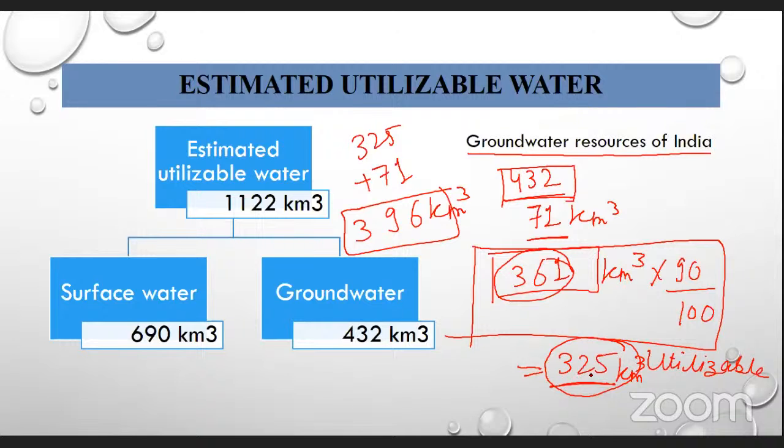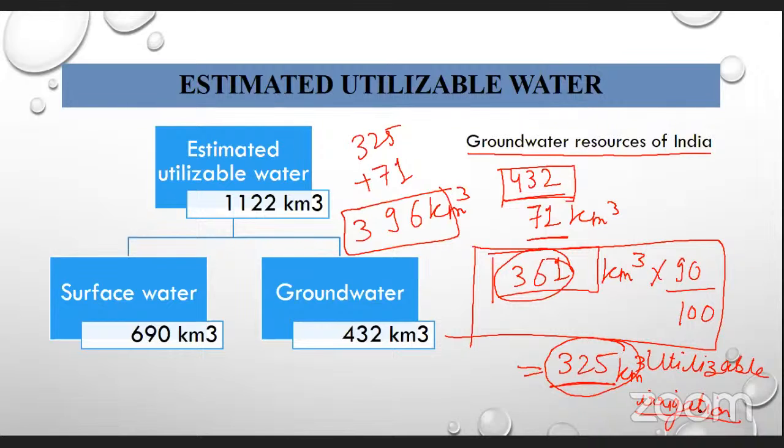But this 325 kilometer cube is your utilizable groundwater for irrigation. So you have to focus on what is given or asked in the option, because according to that your answer is going to change.